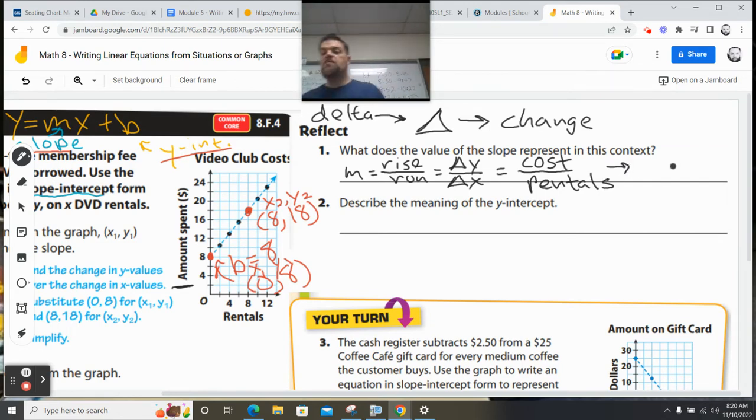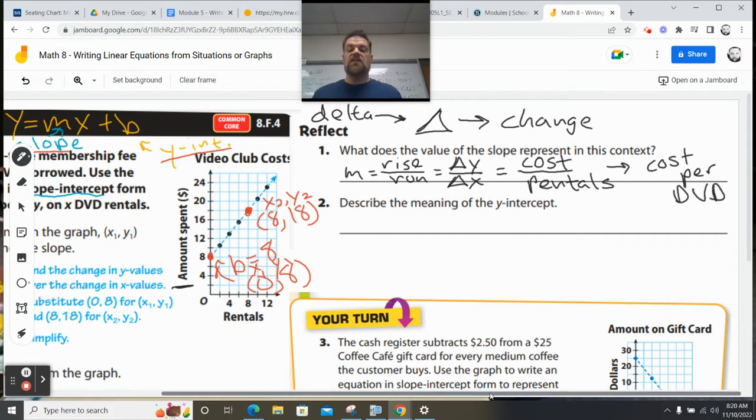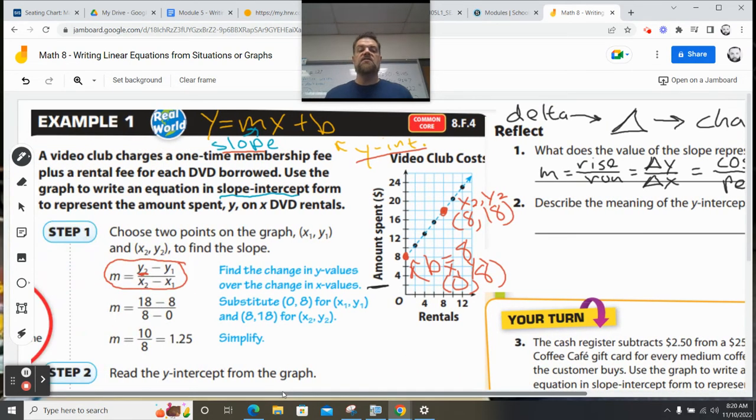wouldn't that be the cost per DVD? Reread the problem. That's an important part too. It says a video club charges a one-time membership fee. What do you think that one-time membership fee is? The y-intercept, $8.